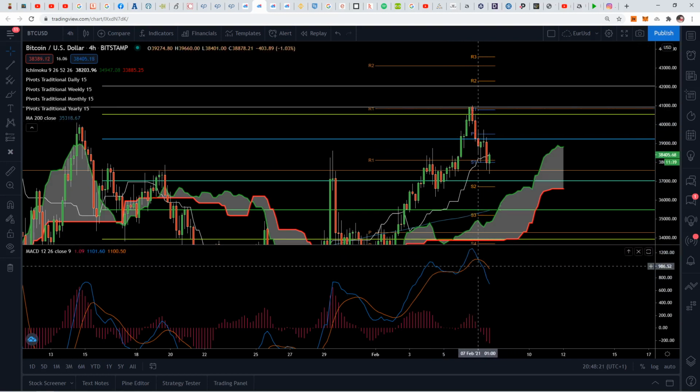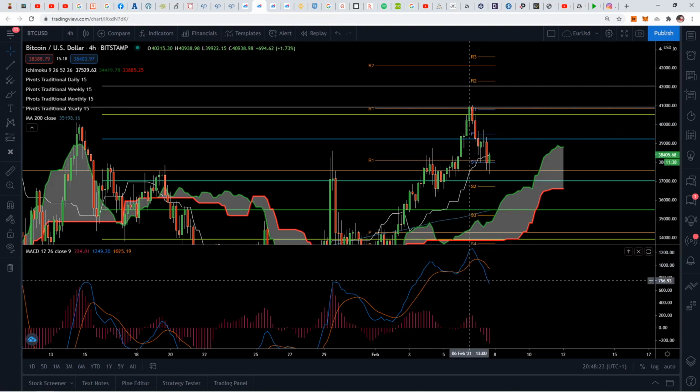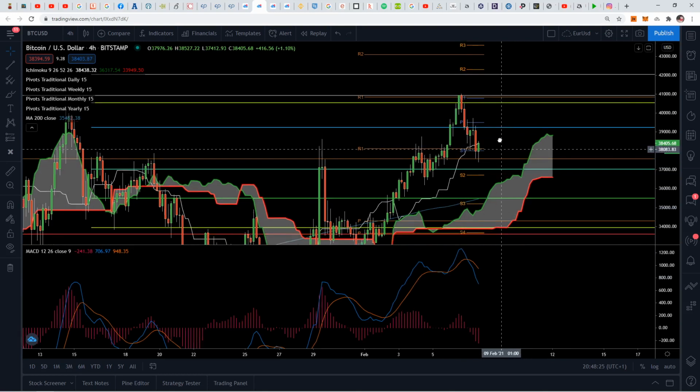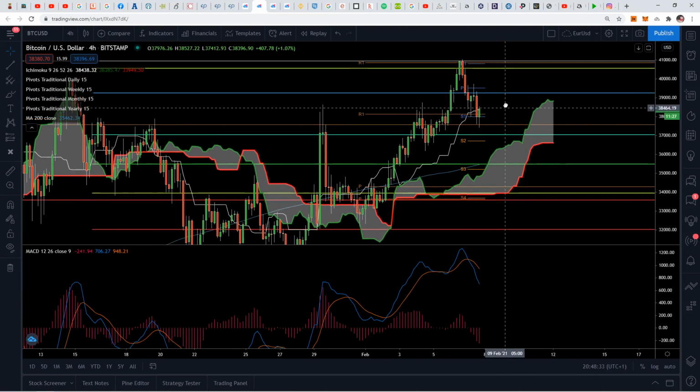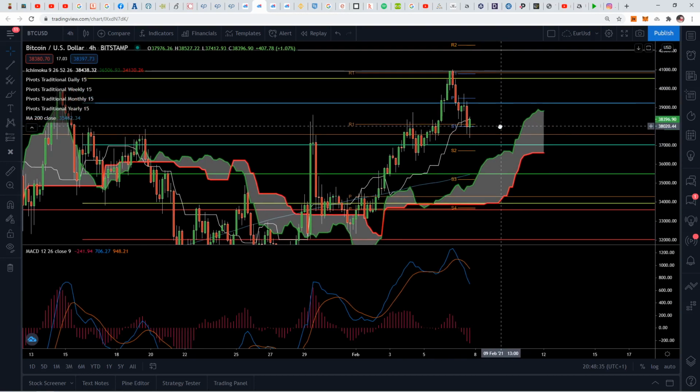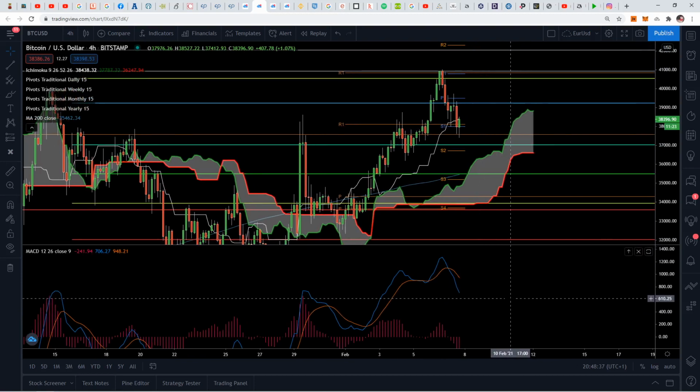So now we're going down, and as you see here, we're way above the cloud. We needed to get close to the cloud, basically. Just a correction here. Doesn't look dramatic at all.